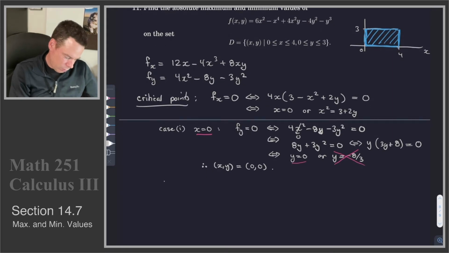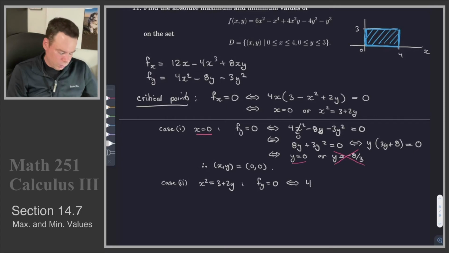And then what about case 2? Well, case 2 is when x squared is equal to 3 plus 2y. And again, we're looking at when is f sub y equal to 0? F sub y is equal to 0 when, well, f sub y is 4 times x squared, but now I can use x squared is 3 plus 2y. So it's 4 times 3 plus 2y minus 8y minus 3y squared is equal to 0. So that's just an equation in y alone.